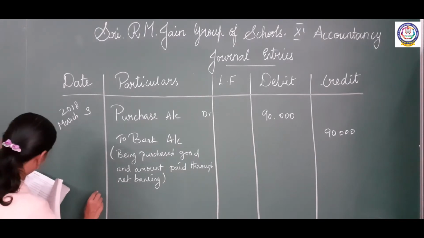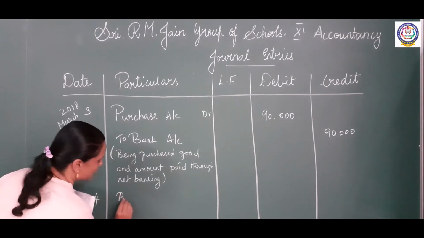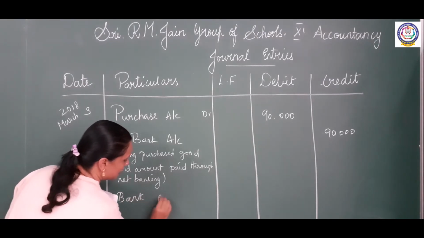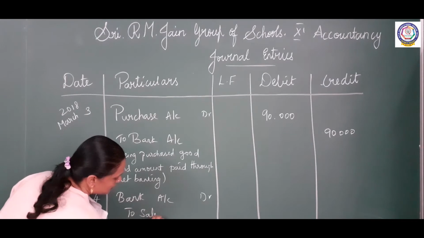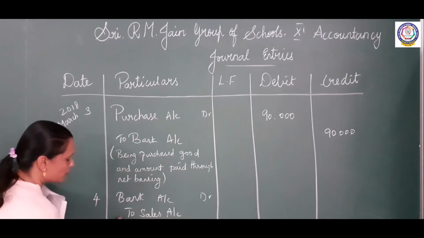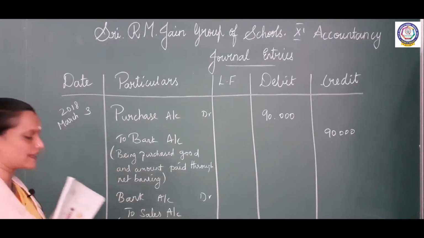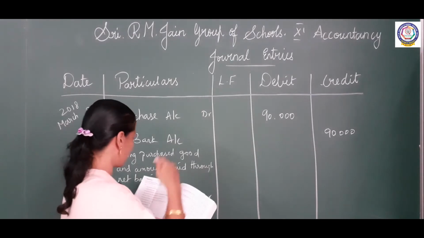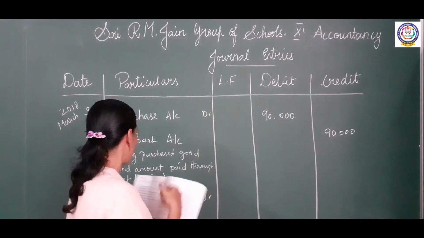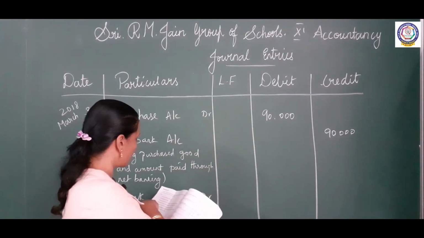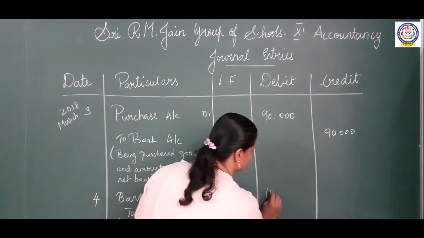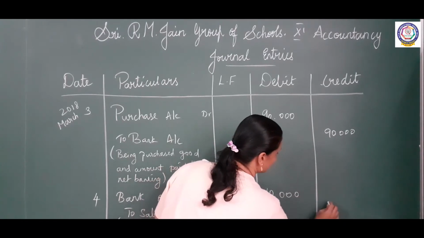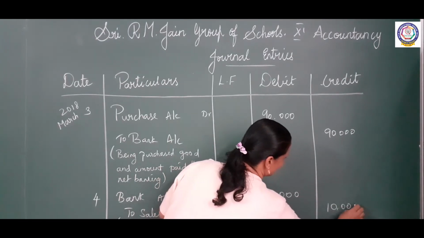So March 4th, bank account debtor to sales account. That person is depositing the money in the bank only. 10,000 rupees.